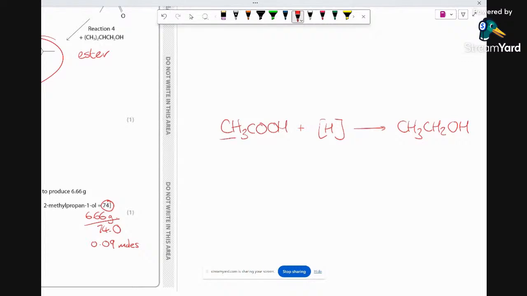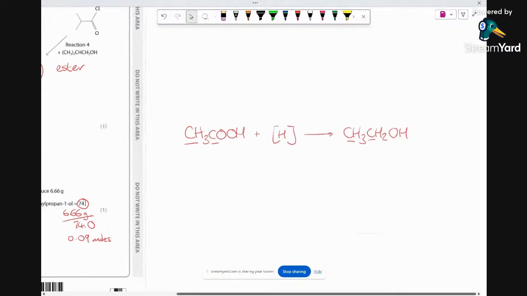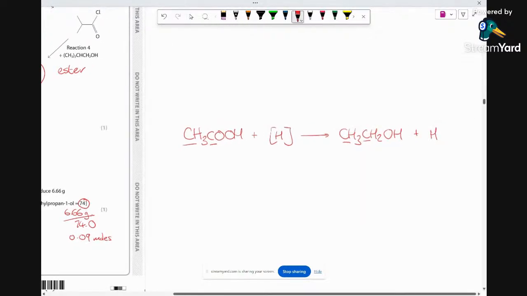In terms of carbons, it balances. In terms of oxygens, it doesn't balance, which means I'm going to need to add in water over here. But then I just count my H's. I've got 4 H's on this side, and I've got 6, 7, 8, so I'm going to need 4 there.